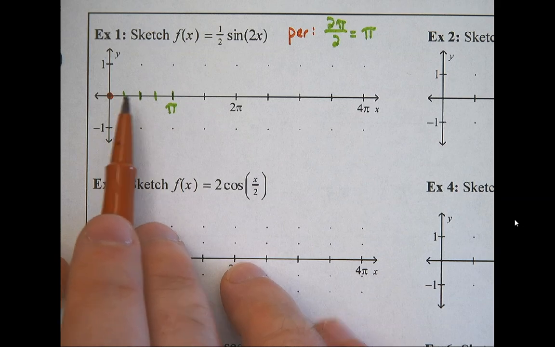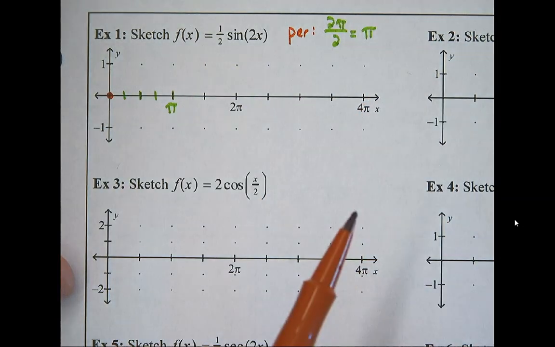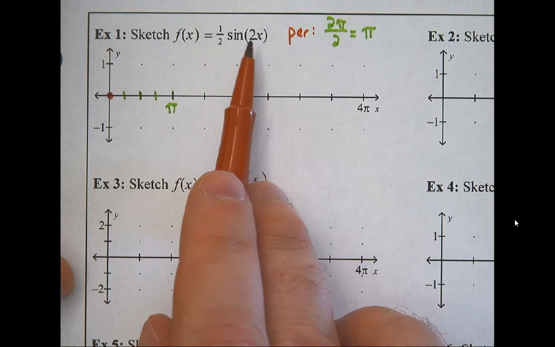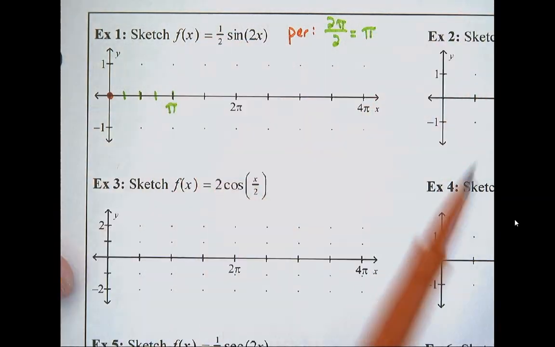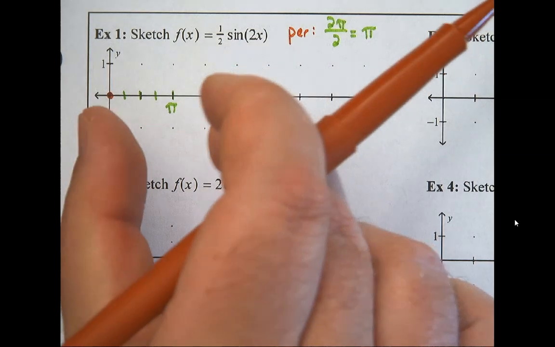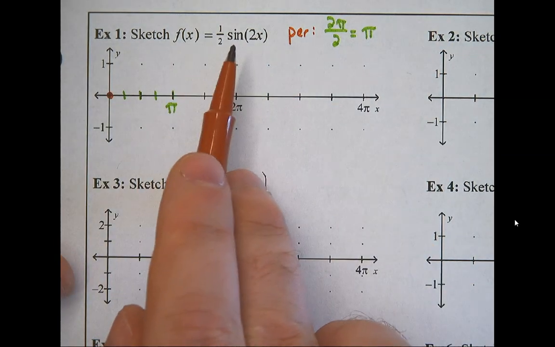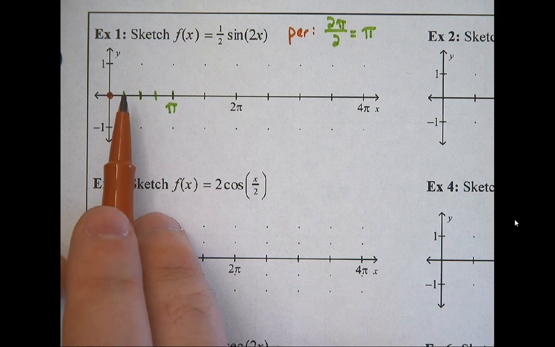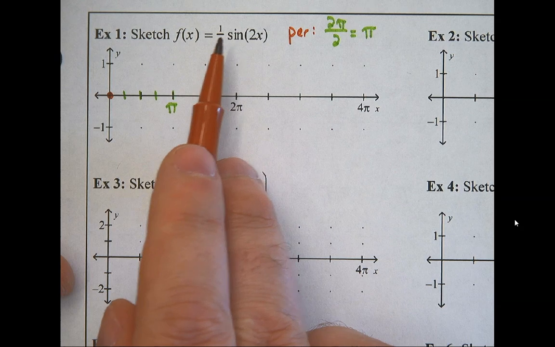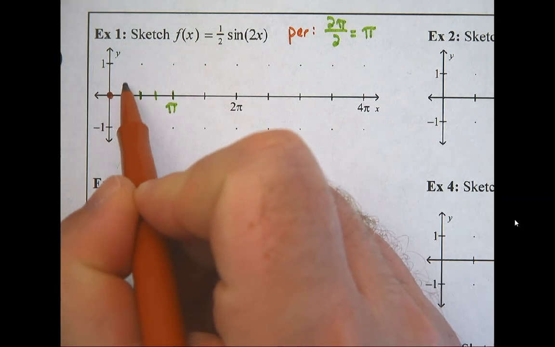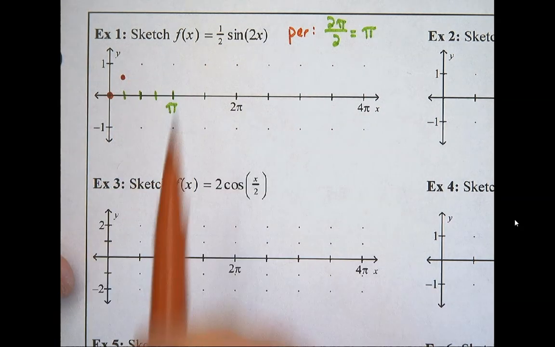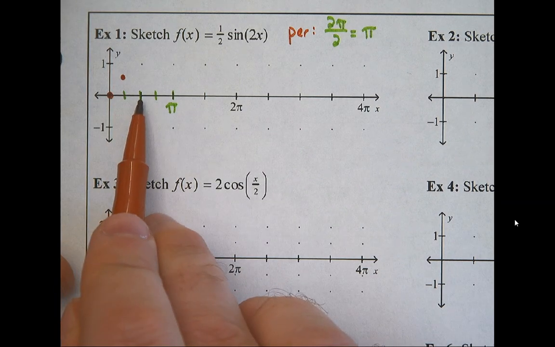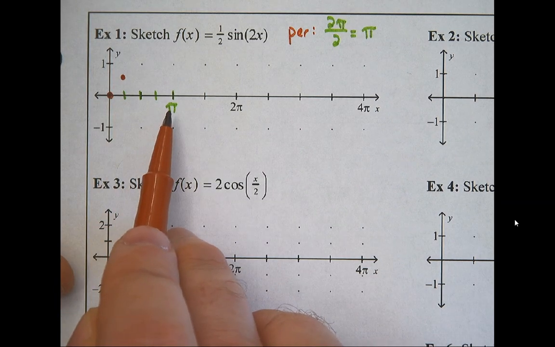But we're thinking about this as being the 90, because we've now done a horizontal shrink of the sine curve. So in my head, I know this isn't 90, but I'm thinking of it as 90. So sine at 90 is 1. Our multiplier is 1/2, so 1 times 1/2 would be at a height of 1/2. I know this isn't pi. I mean, I literally wrote pi right there.